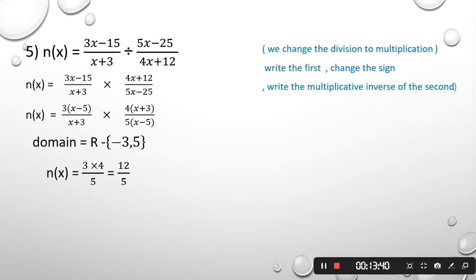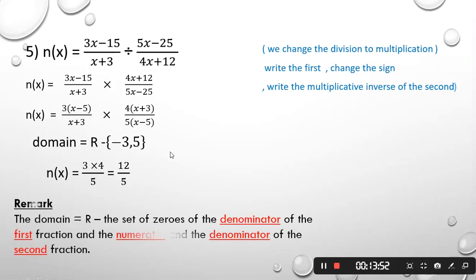After changing it into multiplication, for the first part we look down as usual, then for the second fraction we look up and down. Remark: the domain equals R minus the set of zeros of the denominator of the first fraction and the numerator and the denominator of the second fraction. Very important remark.